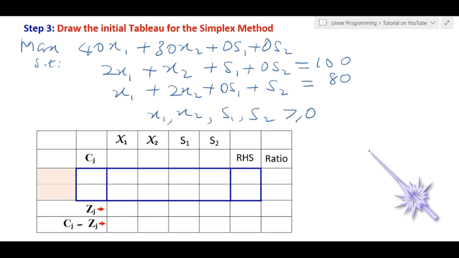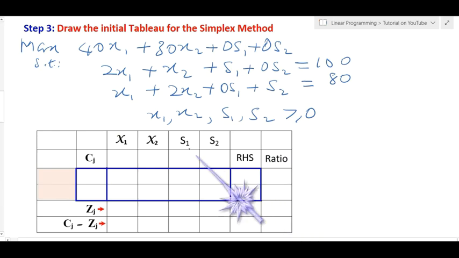Now, after representing this LP problem in standard form, step 3, you draw the initial tableau for the simplex method. You draw this table here.